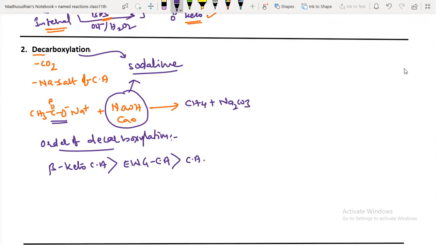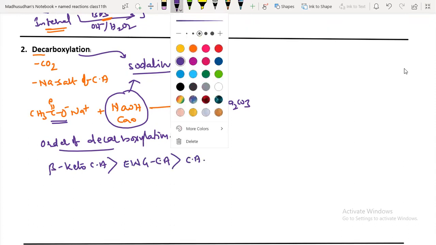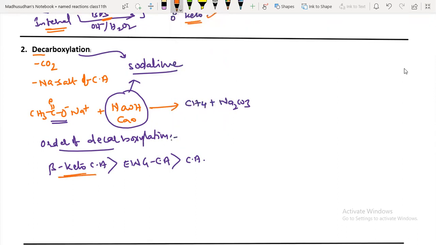So let's see what it is. Okay, guys, listen. First, beta keto carboxylic acids will readily undergo it. So now let's take one such example. At the beta position, you need to have a keto group. Why do they readily undergo it? What is the reason for this?